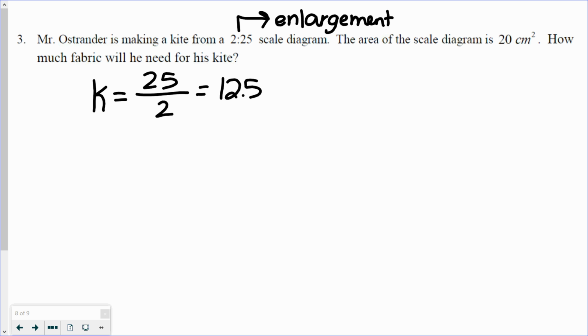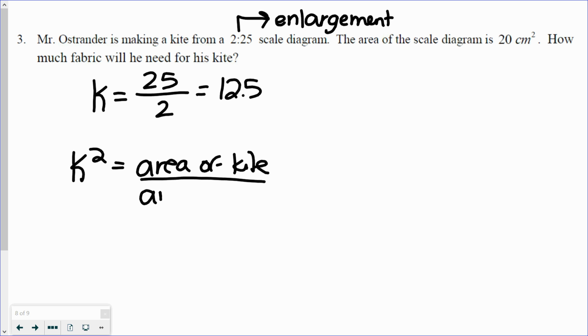And so again, it's asking us how much fabric will he need. So we want the area of the fabric that he would actually need. So k squared is equal to the area of the kite divided by the area of the diagram. And so again, if we're looking for the area of the kite, we know we need to multiply our scale factor by the area of the diagram.